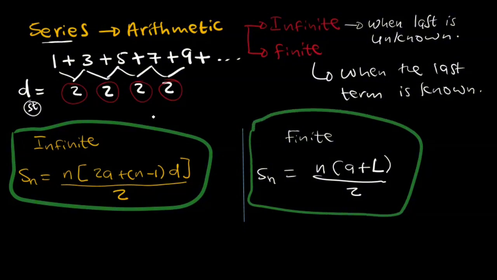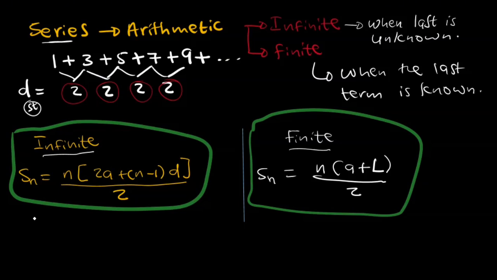Now, how does an infinite series look like, and how does a finite series look like? An infinite series, remember, is when the last term is unknown. This is a perfect example.